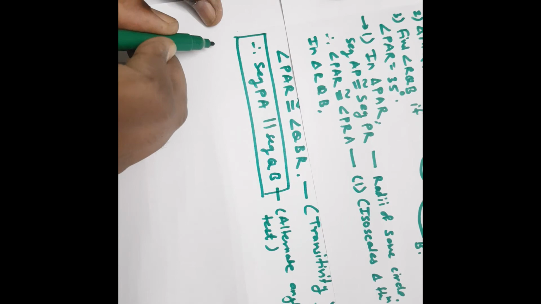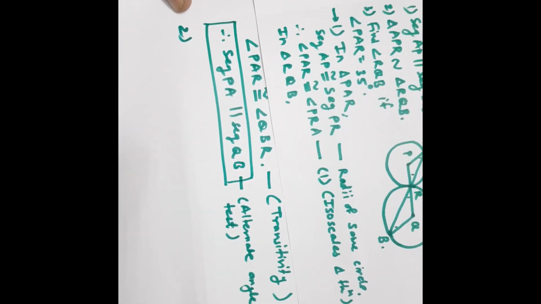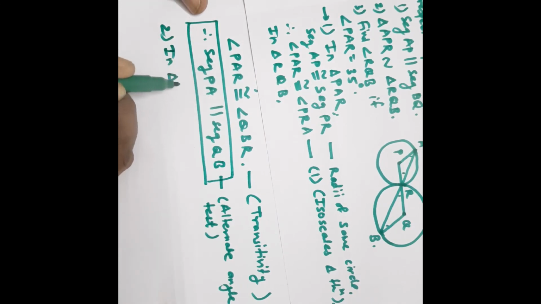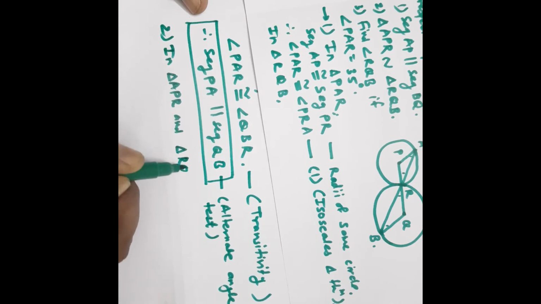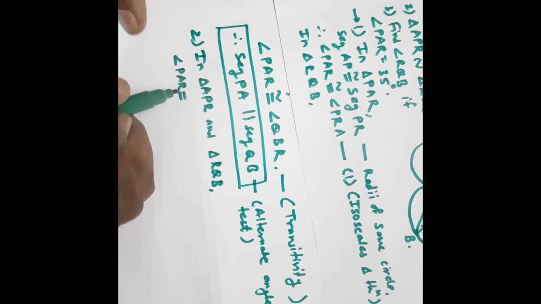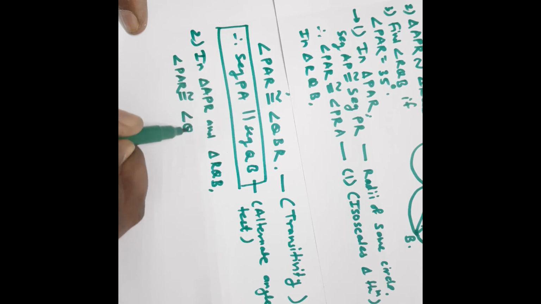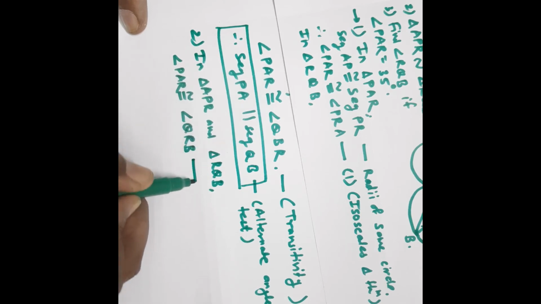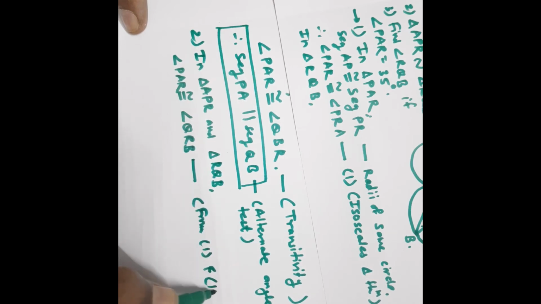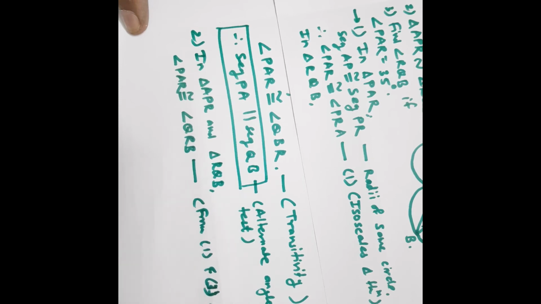We have to prove, in these two triangles, triangle APR and triangle RQB, angle PAR is congruent to angle QRB. Why? From first and third.